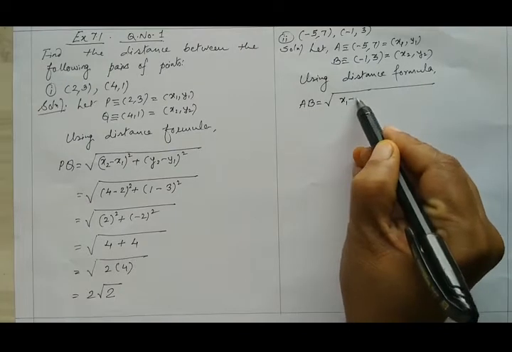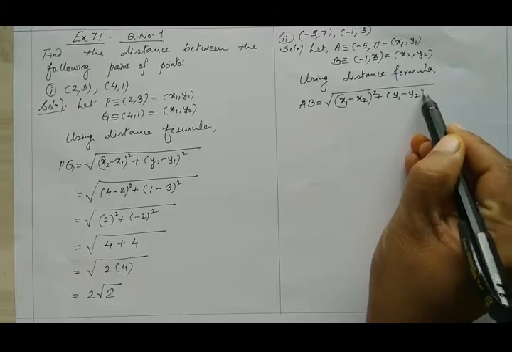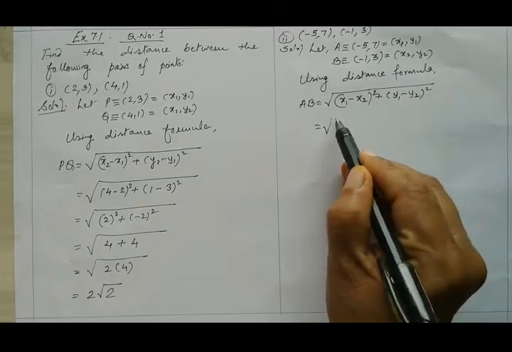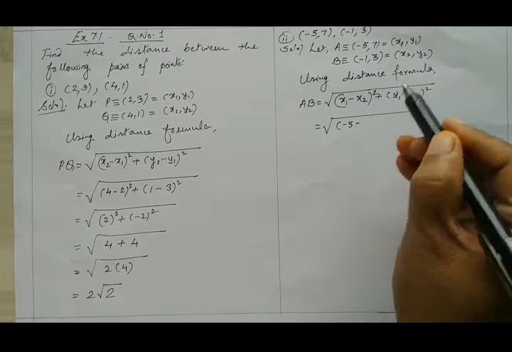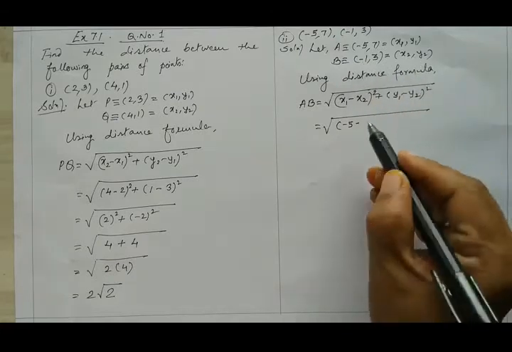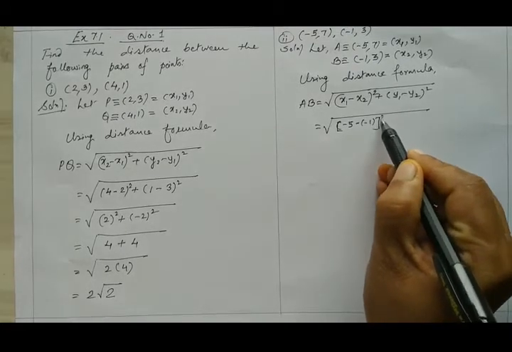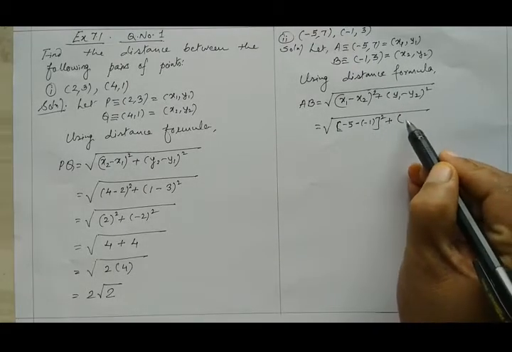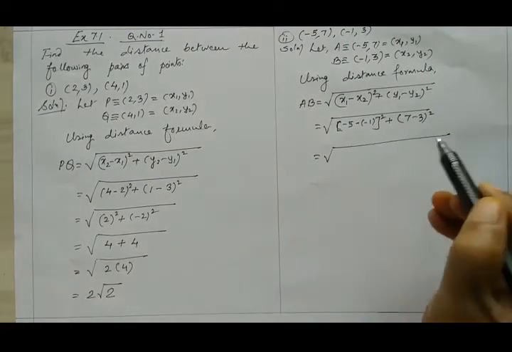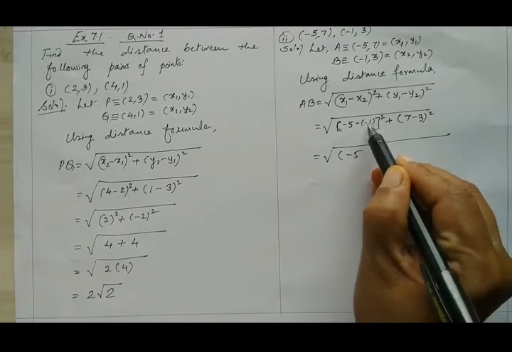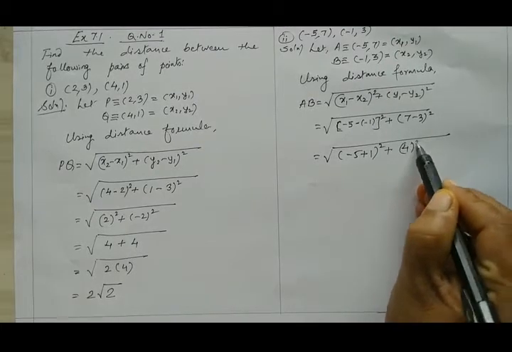So what is x1? x1 is minus 5, minus x2 is minus 1, so minus of minus 1, so here I will use a big bracket, (minus of minus 1) and its square, plus (7 minus 3) whole square is equal to, so minus 5, minus into minus, so plus 1 whole square plus 7 minus 3, so 4 square.